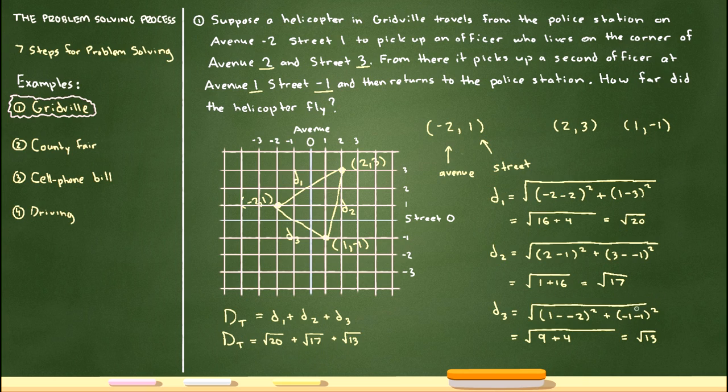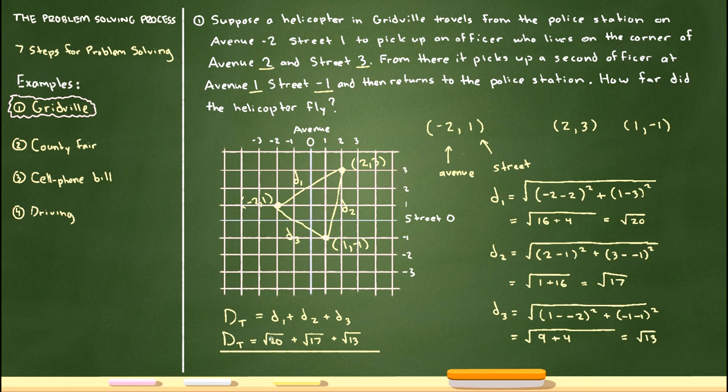So, the next step is we want to actually answer the question. So how far did the helicopter fly? And this piece right here will answer that question. This is how far the helicopter flew. Again, you could change this into a decimal if you'd like to combine these. And next up, we want to check our answer.